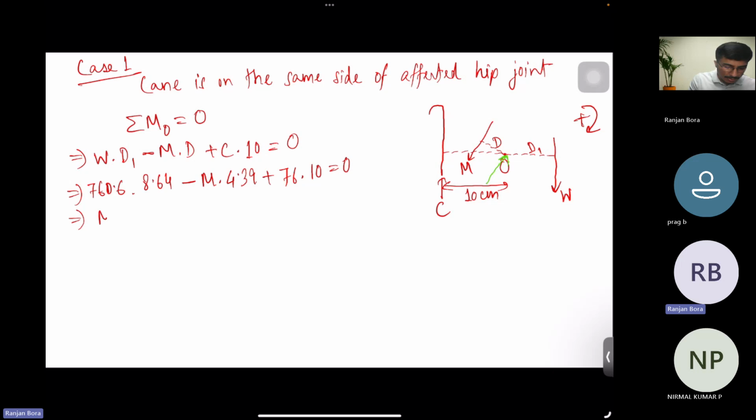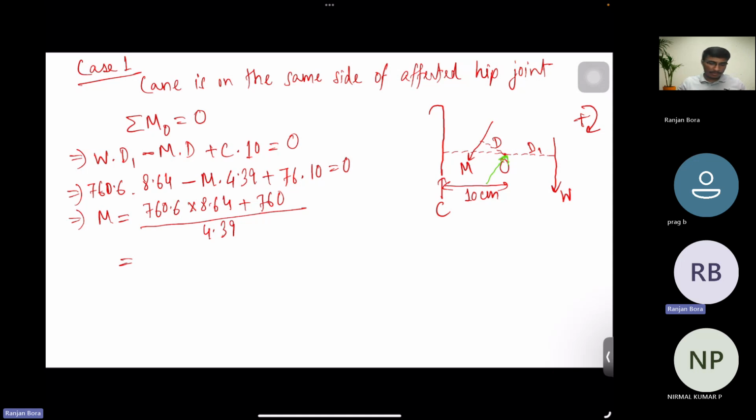So using this, we'll get M. How much will be M? M will be 760.6 dot 8.64 plus 760 divided by 4.39.